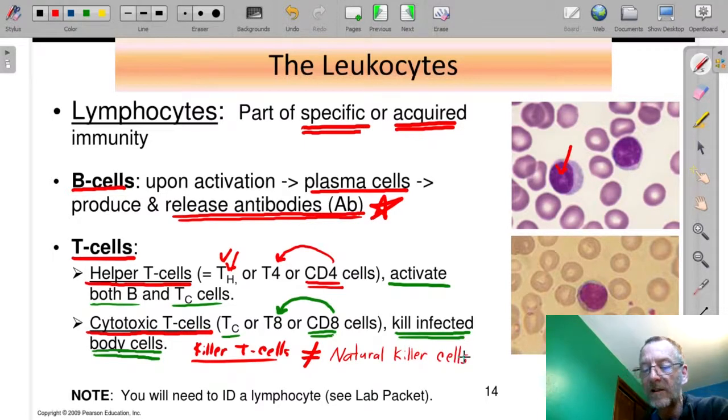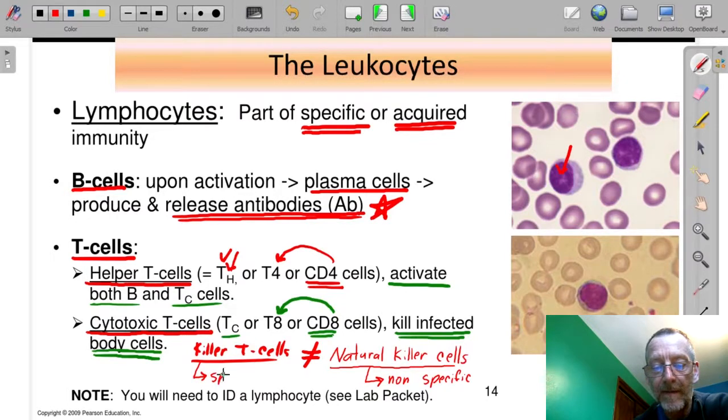They do kill other cells, but they're not the same type of cell. Natural killer cells work in a non-specific manner, whereas these cytotoxic T cells are very specific. They're part of the specific immune response, targeting a specific and particular pathogen. So those are the lymphocytes.